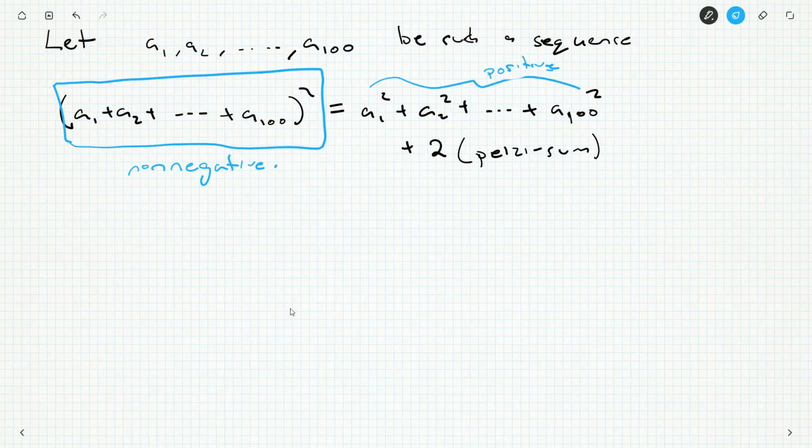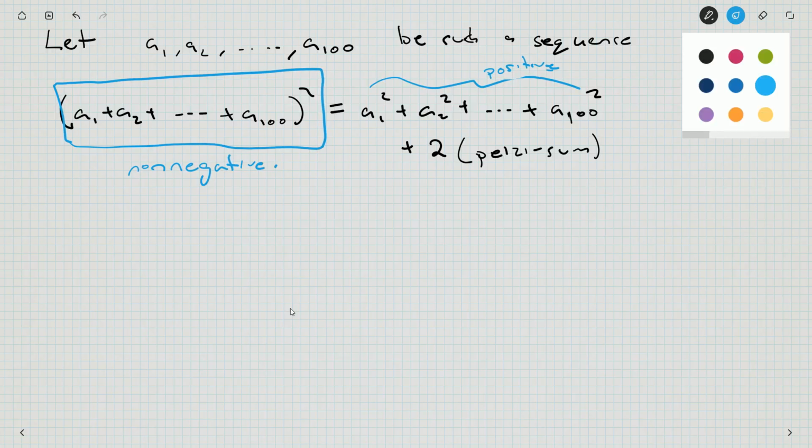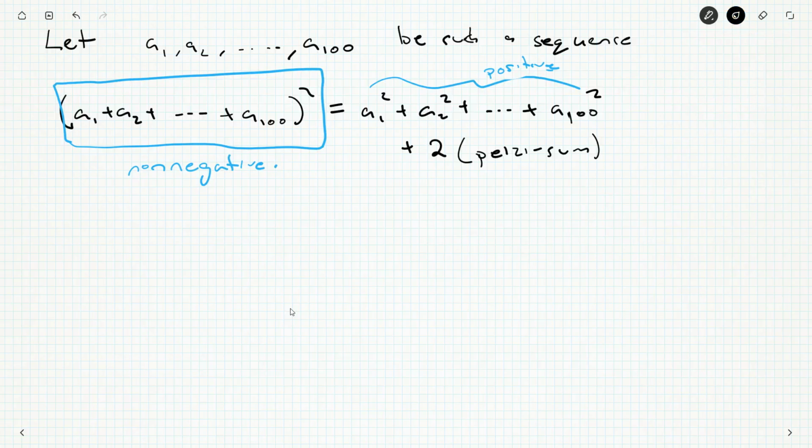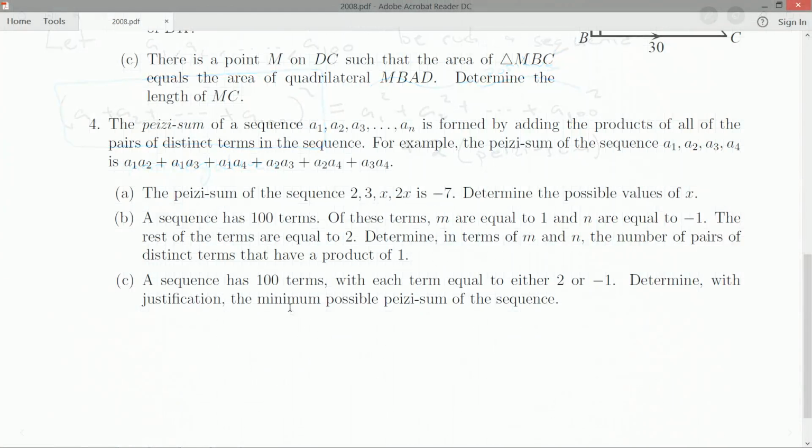Okay? So I want to minimize my pairwise sum, and I want to use this in some way. Well, I'll tell you what. They didn't tell us how many.